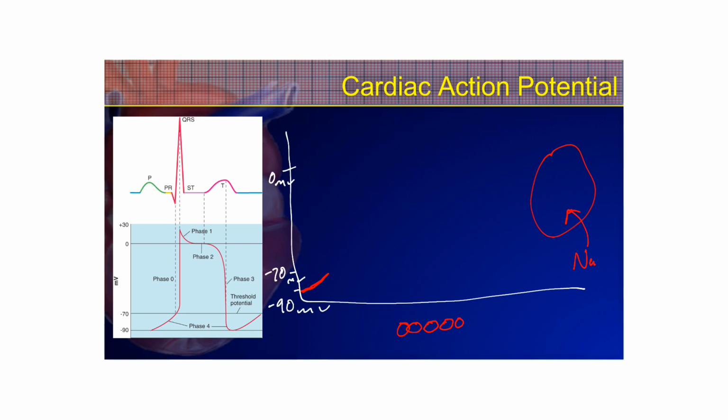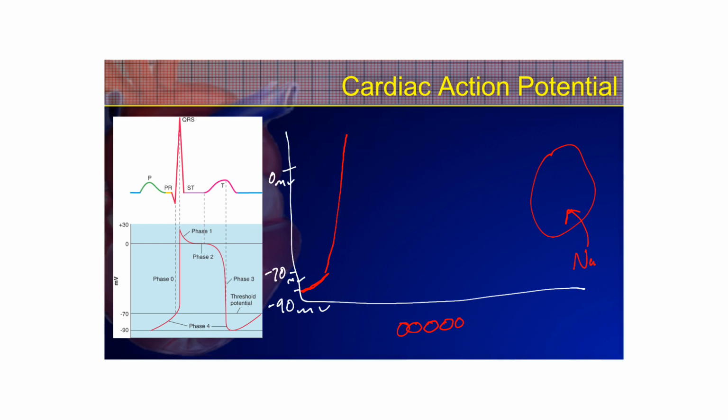The transmembrane potential changes from negative 90 to about negative 70. At this threshold, still more sodium channels open, allowing a rapid influx of sodium, just like I explained, and a rapid rise in the membrane voltage to about plus 30. So we're going to go from this negative 70 to all the way up here. It's crazy. All right? And that is the depolarization, okay?